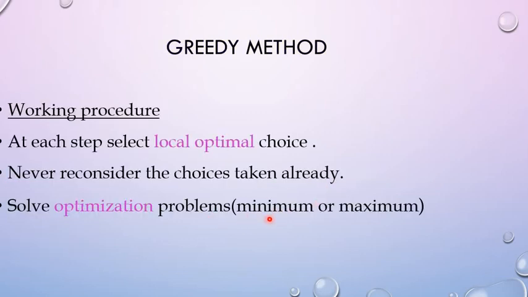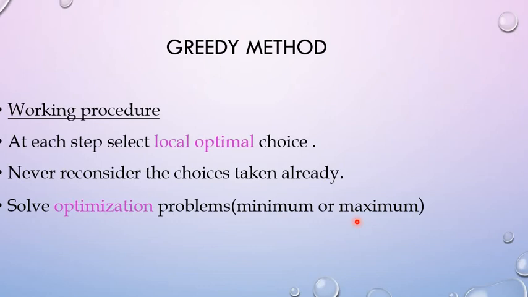For example, I can give an example problem for minimum. Suppose I want to do a work with a minimum number of persons or minimum time. That type of problem can be solved by the greedy method.